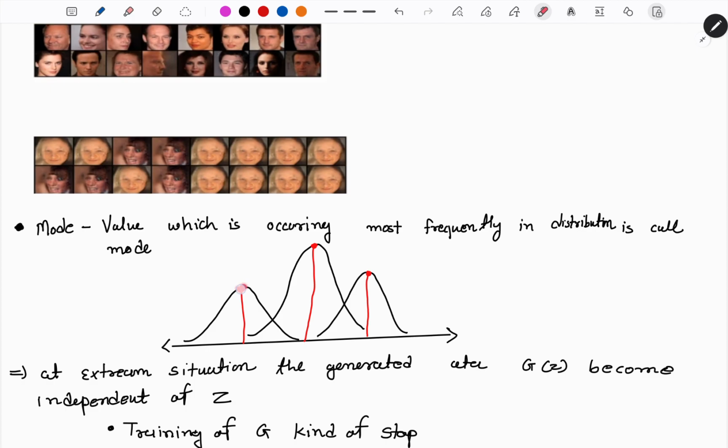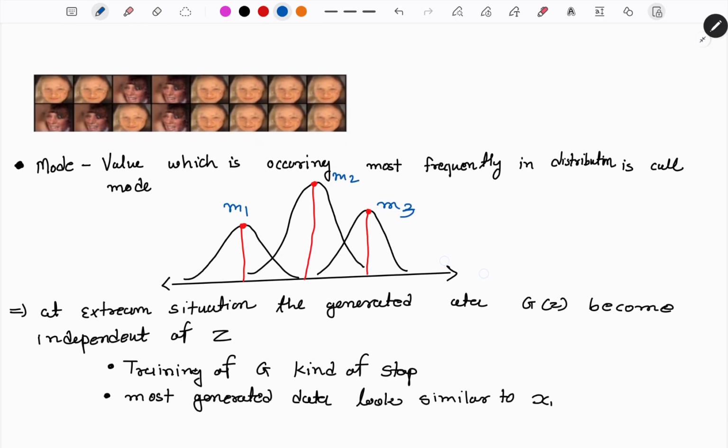This is the most frequent value for this particular distribution, and this is the most frequent value for this distribution. So this is a mode, this is again one mode, this is again one mode. If we give some names, this is mode 1, this is mode 2, and this is mode 3. Three modes in our data set.